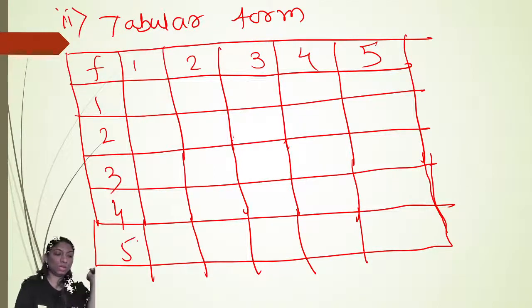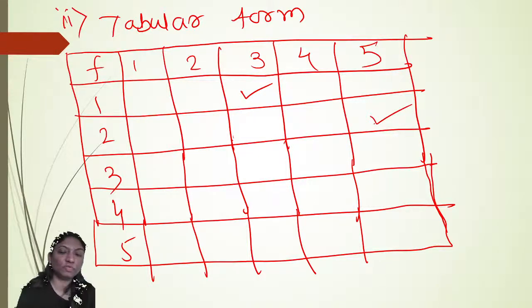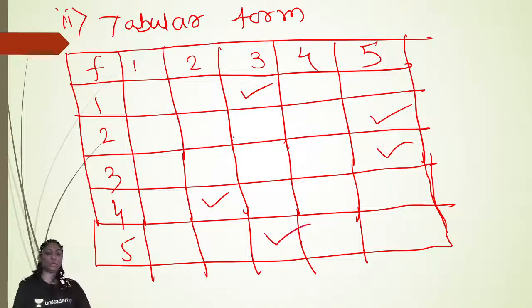Right? Now here tabular form is 1 related to 3. Yes. Then 2 related to 5. Yes. Then 3 related to 5. Yes. 4 related to 2. And 5 related to 3. This is your tabular form. Okay.